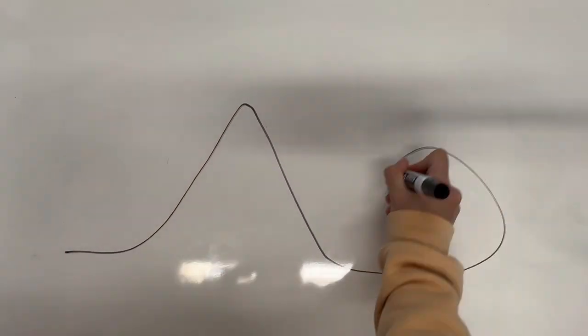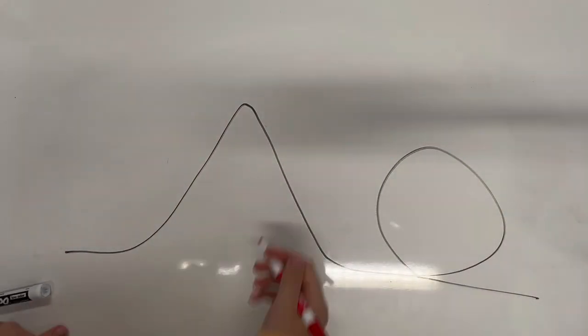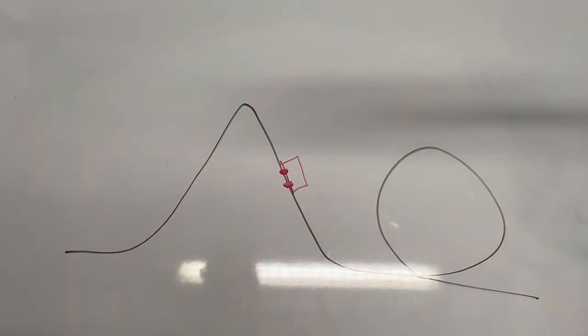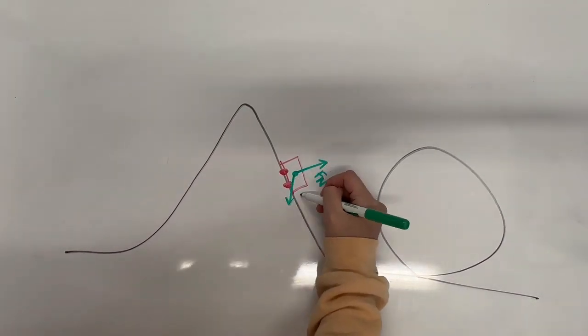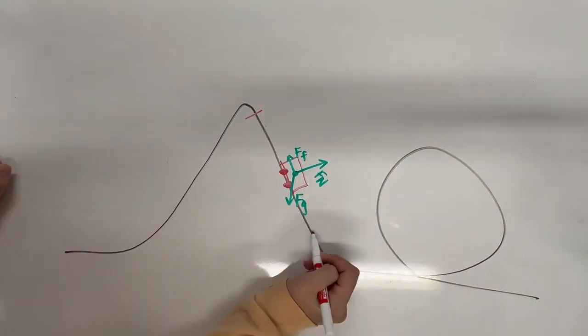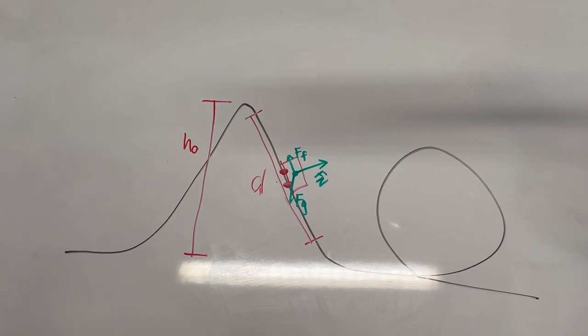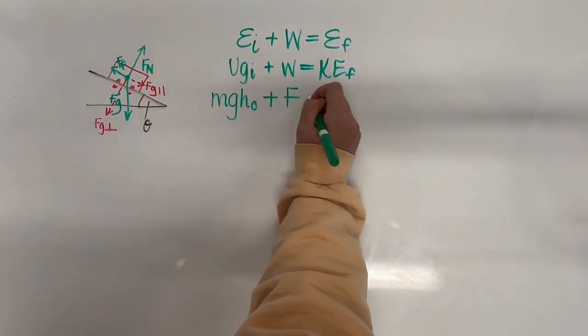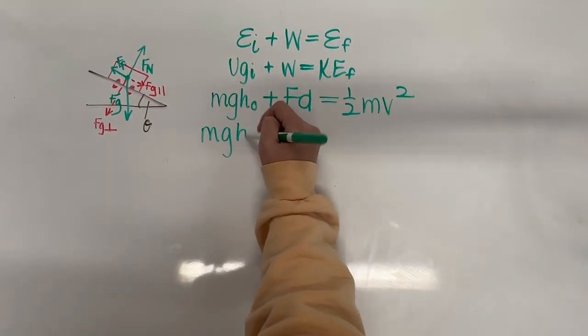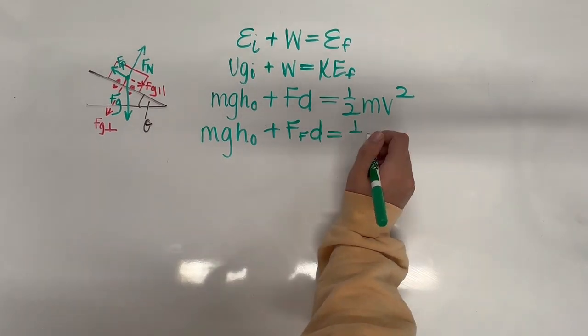Now considering that friction is non-negligible. As the cart accelerates down the track, there is an opposing force of friction that points up the track. We labeled the distance d, the height h0, and drew the free body diagram with force components. Friction does work on the system.